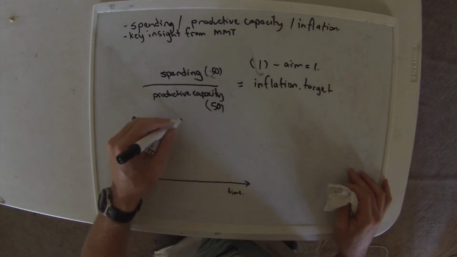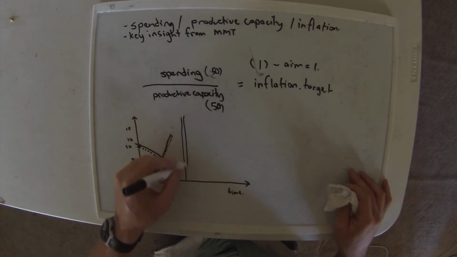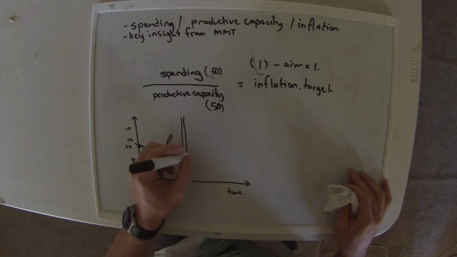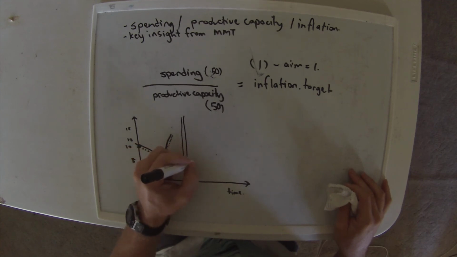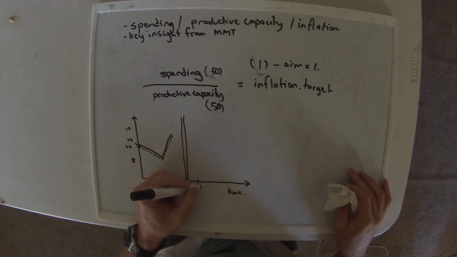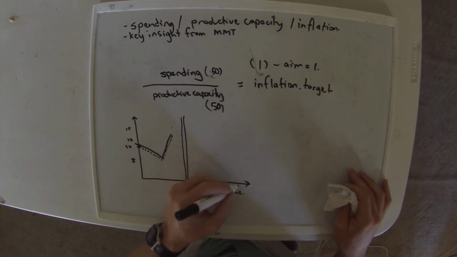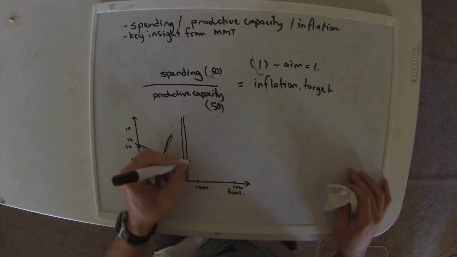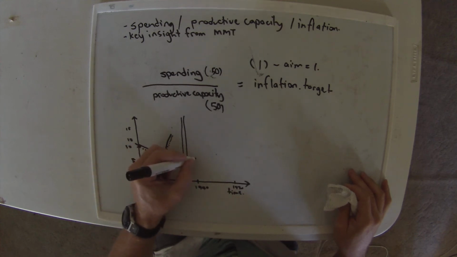Another thing I want to talk about is I'll set it up a bit more realistic. What's typically happened over time, from say 1940 to 1970? I'll do productive capacity first.